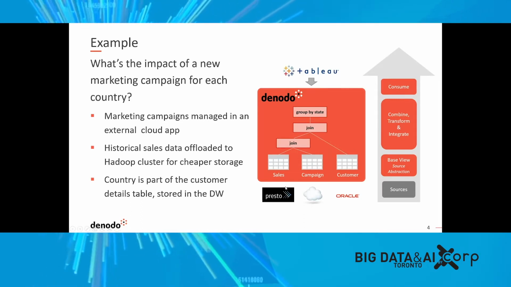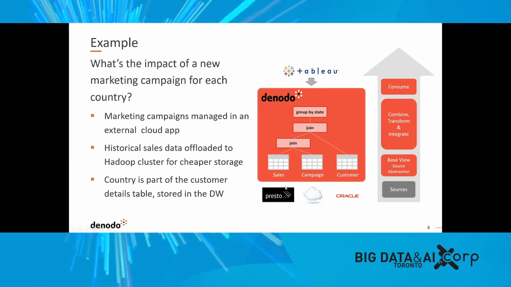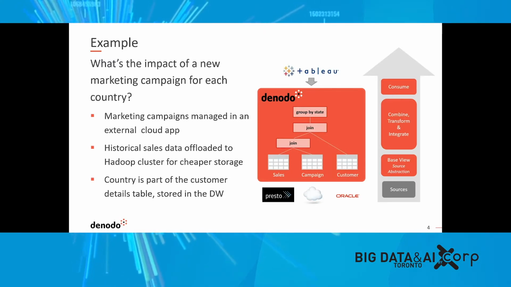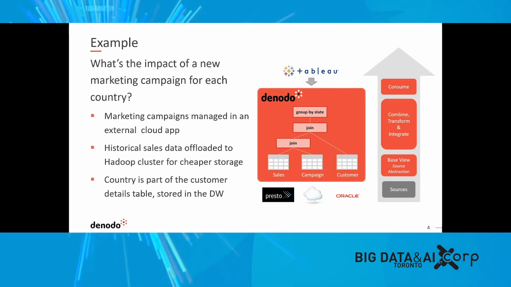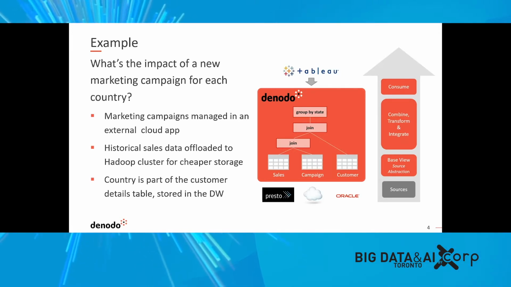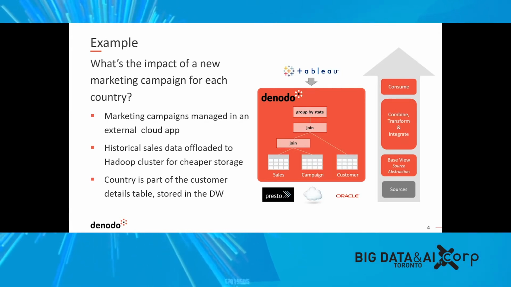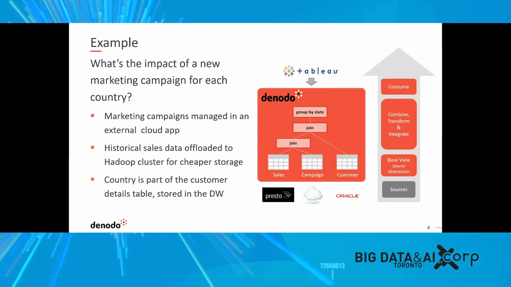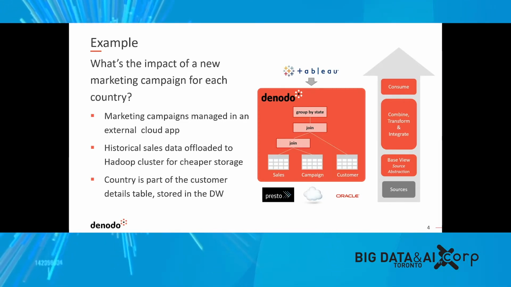Once we've established connectivity to each data source, we then identify the physical object in each source that we need for our analysis. In the case of Presto and Oracle, those objects will be database tables. In the case of the campaign management application, it will be a JSON document. We then import the metadata for each of those objects.